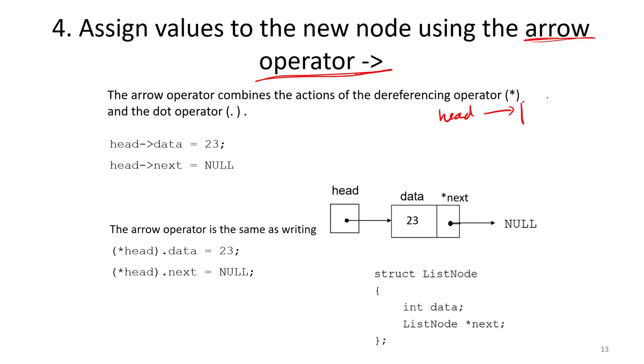So remember, currently we have an empty list node struct, which contains an int variable data, and some pointer next. So remember, this is a list node struct.